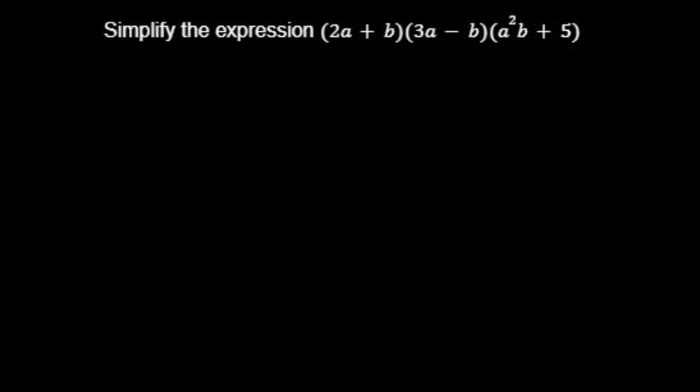So going through, we will group the first two together and distribute those out. 2a times 3a gives me 6a squared. 2a times negative b is negative 2ab. b times 3a is positive 3ab.